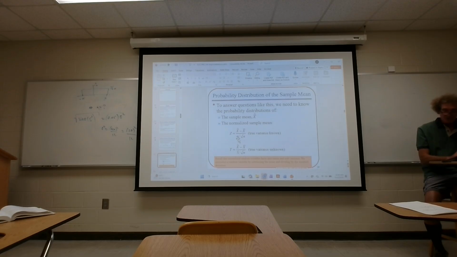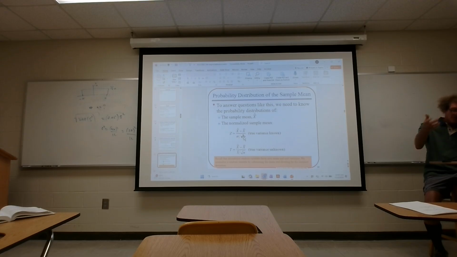That indicates the true standard deviation. But if we don't know sigma here, and you notice it's divided by square root of n, if we don't know the true variance, then we can take the sample variance and divide it by square root of n. Remember, this downstairs is usually just sigma, but if you think about this, the variance of the sample mean was equal to sigma squared over n. You recall that?